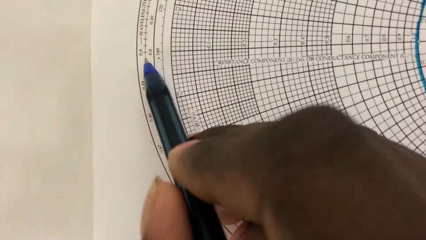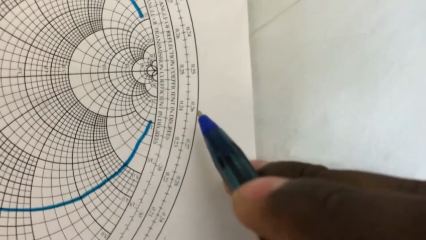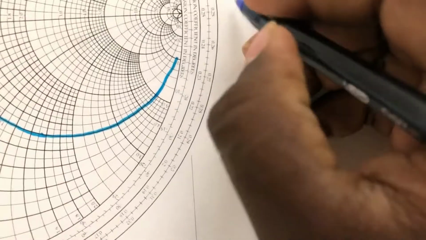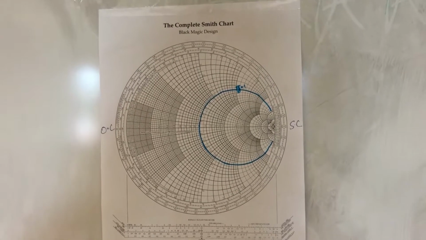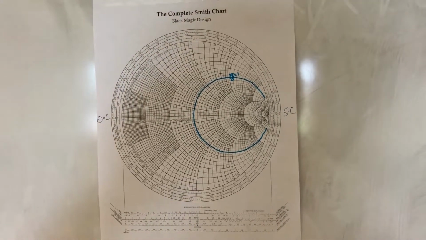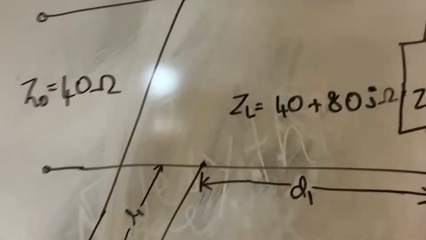So this is 0.0, so this is going to be open, and here you'll see 0.25, which is short. We have marked the open and short circuit. It's going to be much easier from now. Just come to the problem.